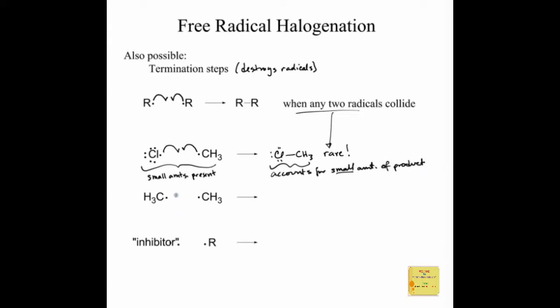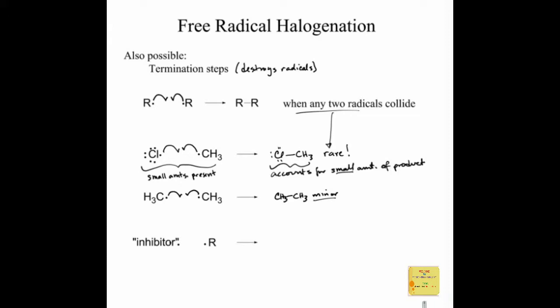So for example, if we had two methyl radicals reacting, that would be a way of forming a molecule of ethane. So that might be found as a very, very minor product, but you could see some traces of that, and that's how it might happen.